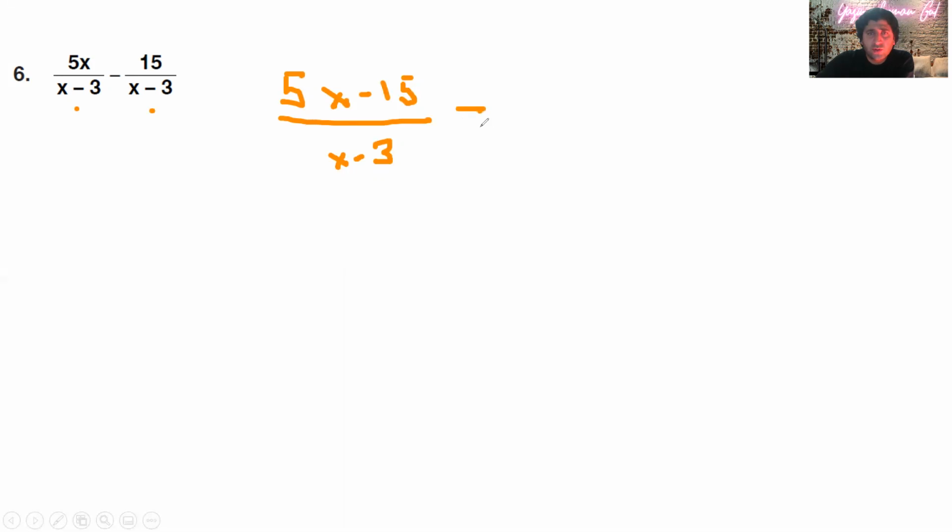I already have the same denominators. But when I continue with this, guys, just remember this, 5x minus 15. What is common here? 5 and 15. Obviously, it's 5. So if I take the common factor 5 out, what will be left here? x minus 3, because 5 times x will be 5x, 5 times negative 3 will be negative 15.